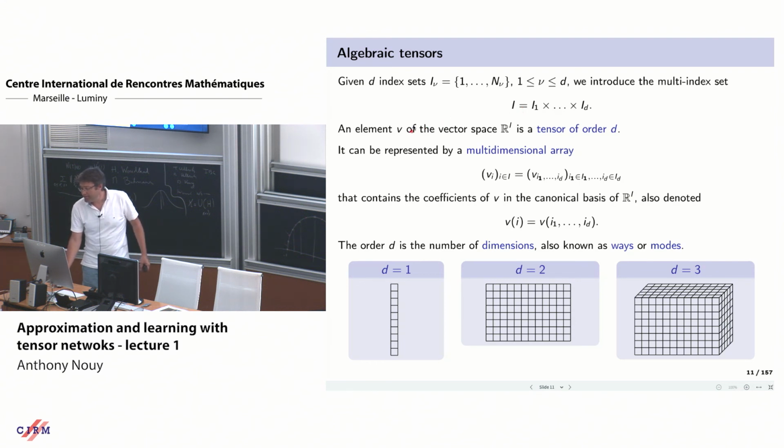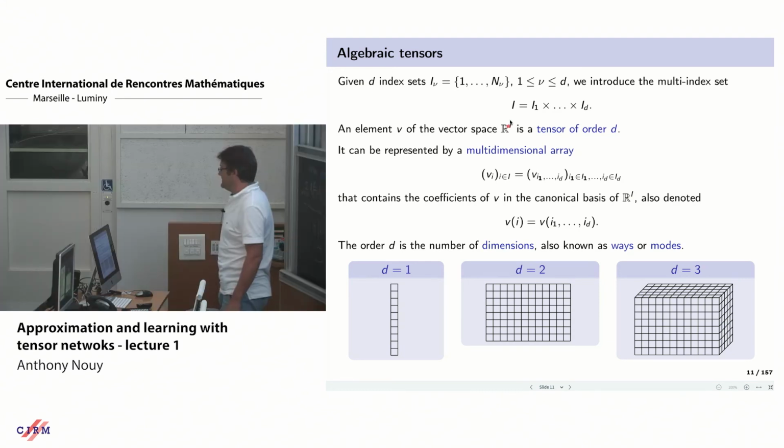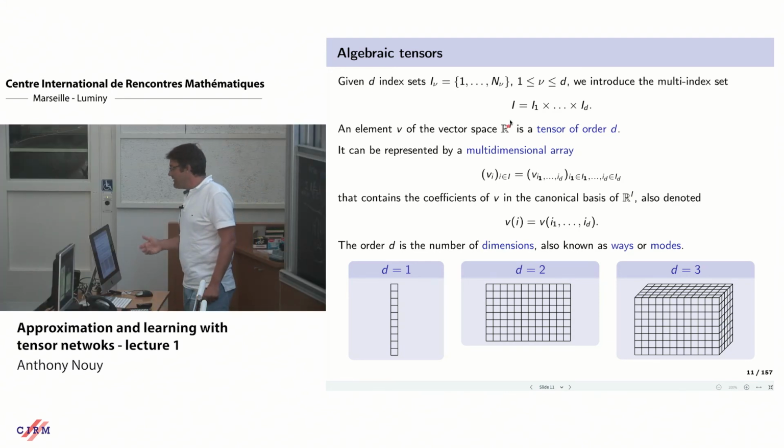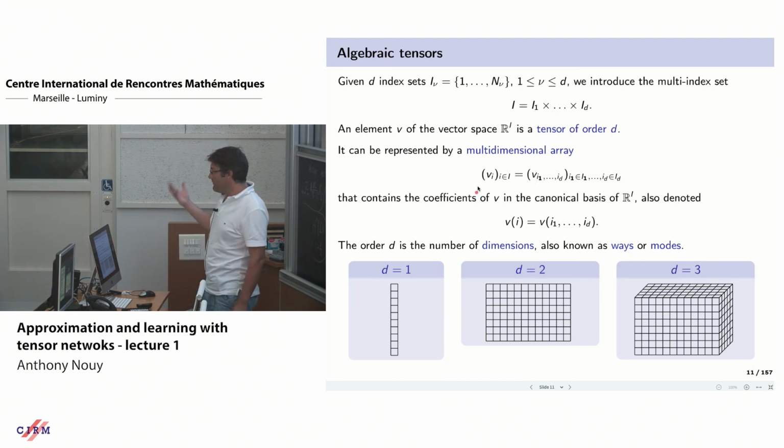And an element V of the vector space R^I is called a tensor of order D. This tensor will have a representation as a multidimensional array with entries V_i, indexed by i_1, i_2, and so on, that contains the coefficients of V in a particular basis of R^I.